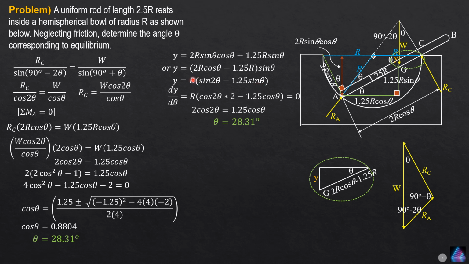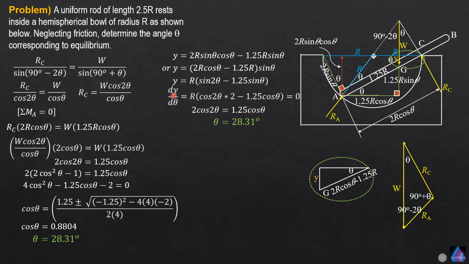We now maximize y, because that's the idea, by differentiating y with respect to theta, so constant copy r. Derivative of sine 2 theta is cosine 2 theta, then derivative of 2 theta is 2, then minus 1.25 derivative of sine theta, cosine theta, then equate to 0 because this is a maxima-minima problem.